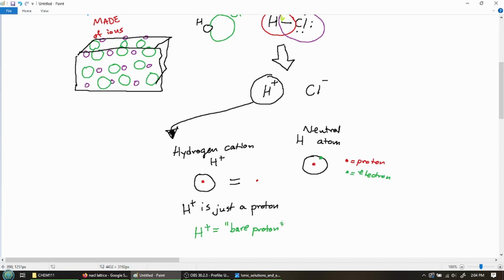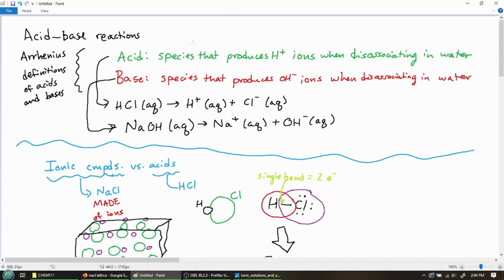Okay. So we can also go back up here and say that an acid then is a species that produces protons when dissociating in water.